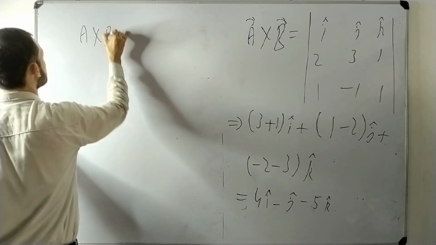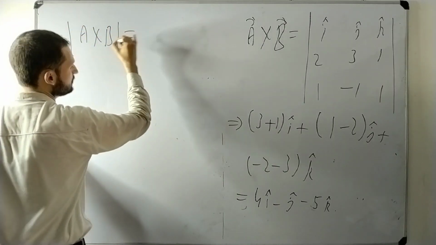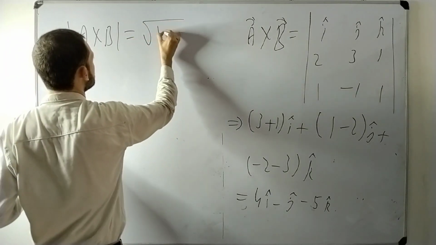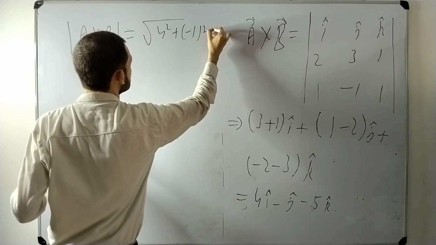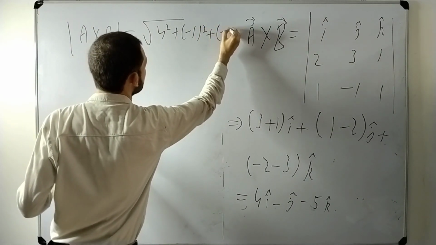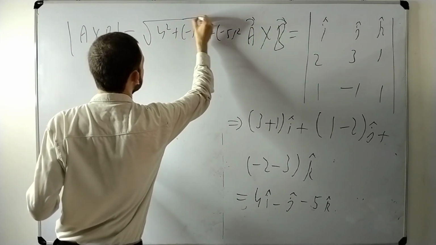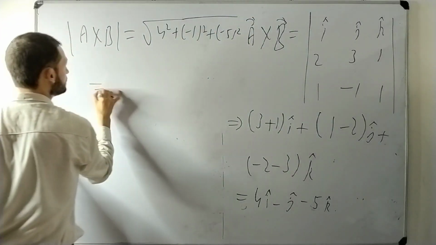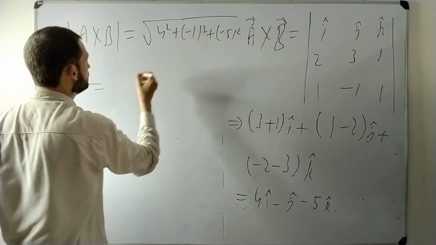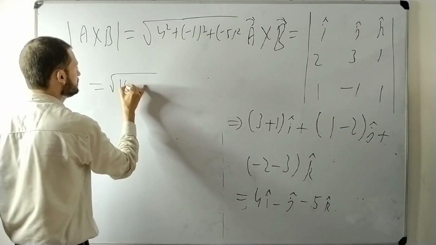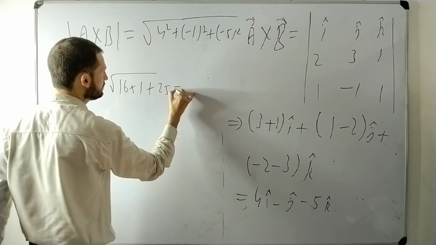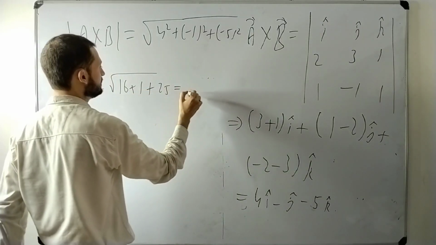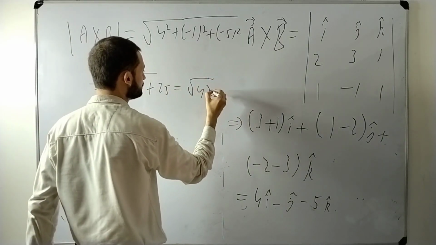A cross B modulus happens to be 4 square plus minus 1 square plus minus 5 square. Now our answer came out to be under root 16 plus 1 plus 25. This happens to be 17 and 25, under root 42.